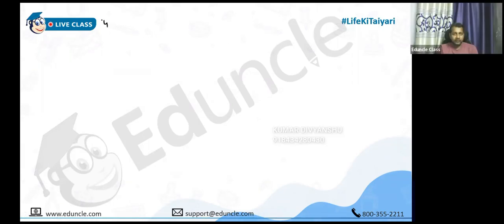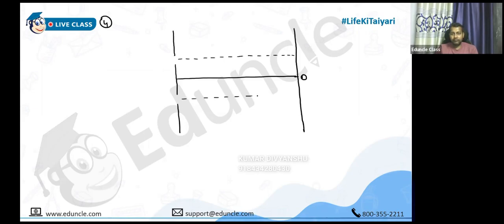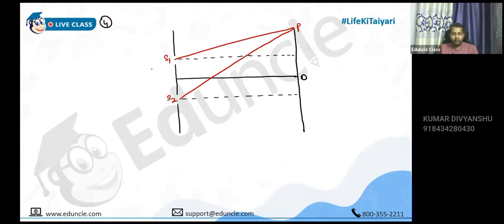Okay, so let us make the diagram. Distance between the slits is small d.